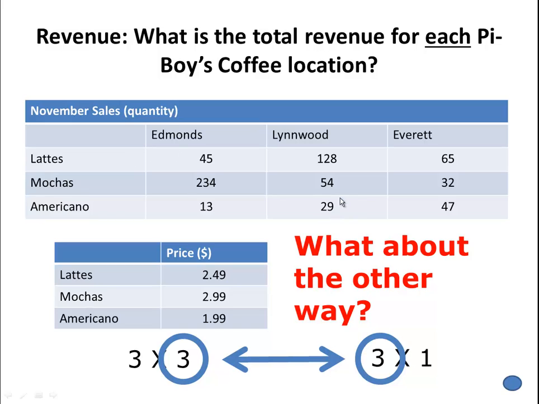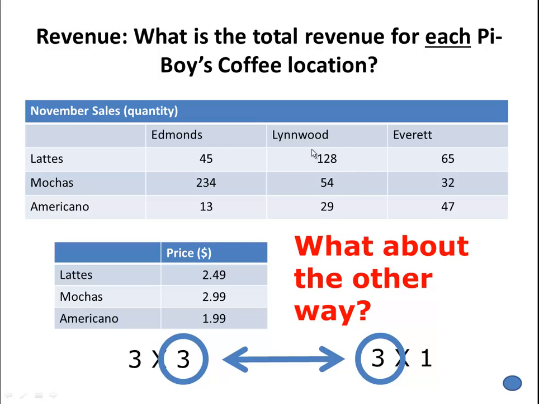If we take this matrix, the quantity, and multiply it by the price, remember, matrix multiplication says I take the row of this matrix and multiply it by the column of this matrix. So look what's happening. I'm taking the 45 lattes from Edmunds and matching it up with the 249, which is the price of lattes, which is good.